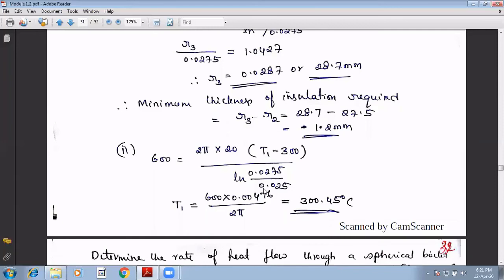So remember, whenever surface temperatures are asked, you take the temperature drop corresponding to that and the resistance corresponding to that layer. That gives you the intermediate temperatures or the surface temperatures.